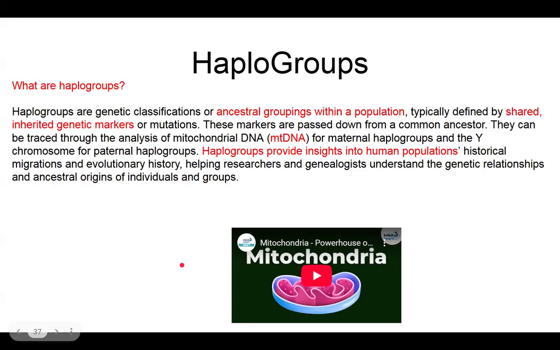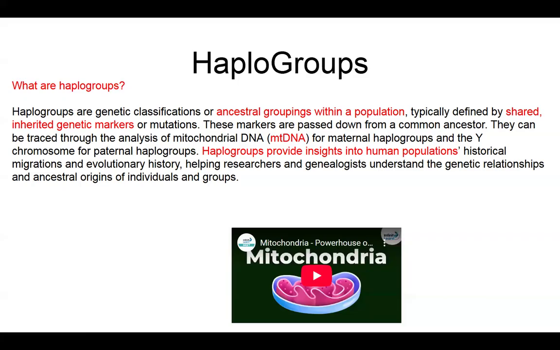Haplogroups, or the simple groups, are genetic classifications or ancestral groupings within a population, typically defined by shared inherited genetic markers. And I just want to let you know this is one of their scientific words, even though we use it derogatorily. Inherited genetic markers or mutations, meaning mutations in the genes.